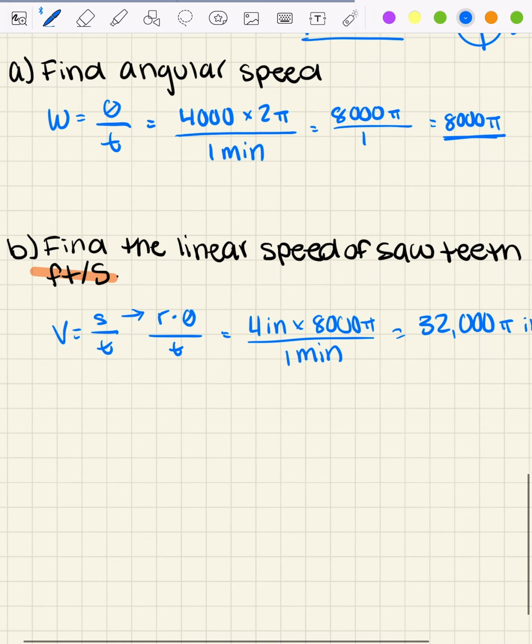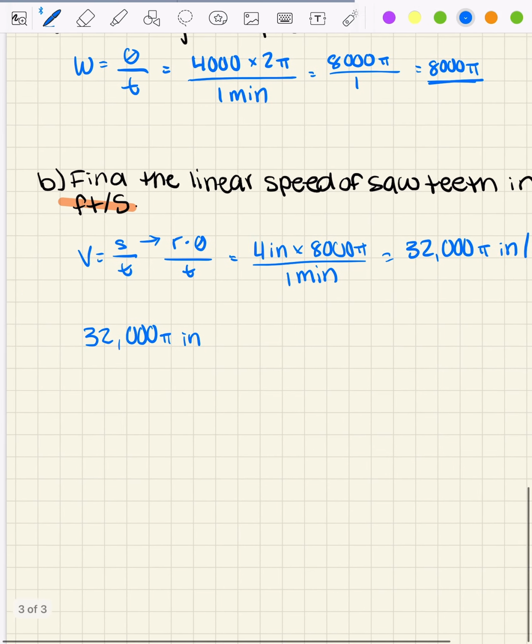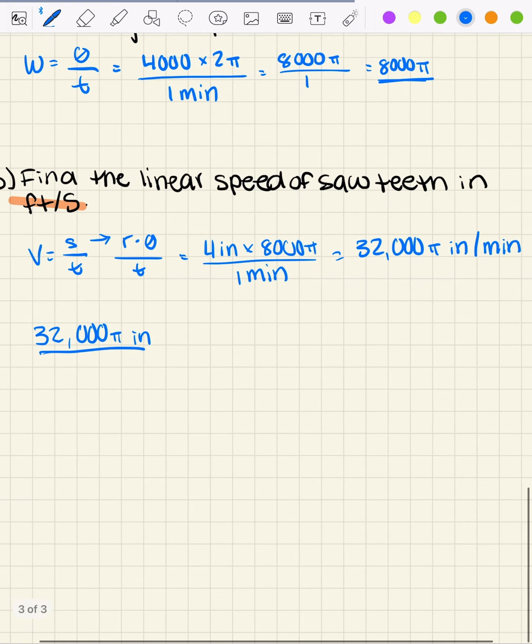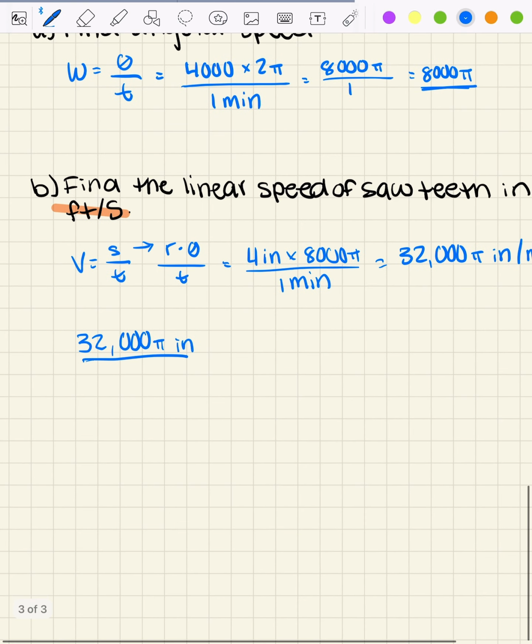So the best way to visualize converting this is to write out your 32,000 pi, and so inches is on top since it's in front of the dash, and then over 1 minute. So we're going to want to cancel out inches per minute and get it in feet per second.